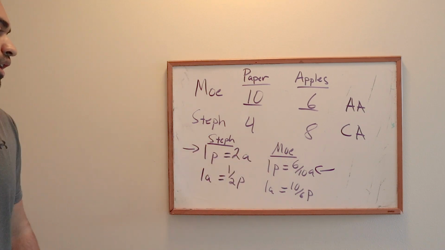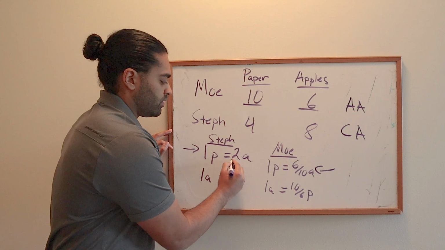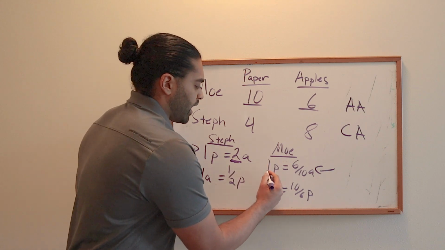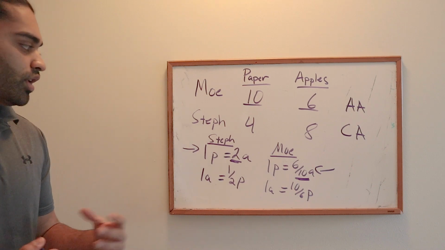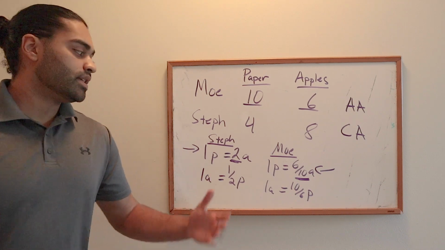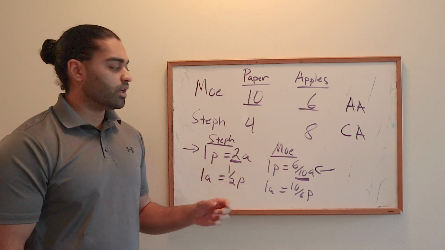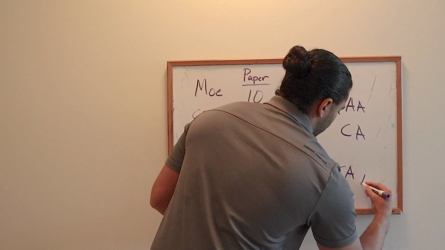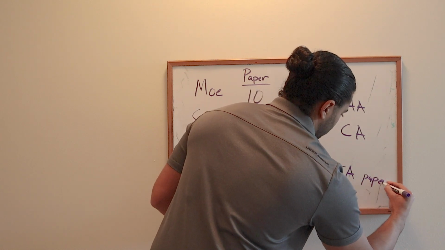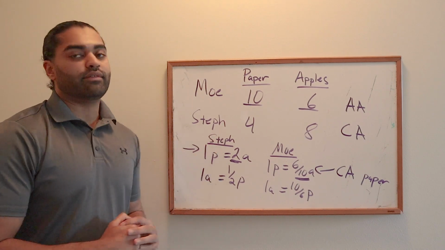first row. So Steph, to produce 1 paper, she gives up 2 apples. For Mo, to produce 1 paper, she gives up 6/10 of an apple. So in this case, who gives up less, Steph or Mo? From this, you should know 0.6 is much less than 2. So Mo has a comparative advantage in producing paper. So she is more efficient at producing paper than Steph.